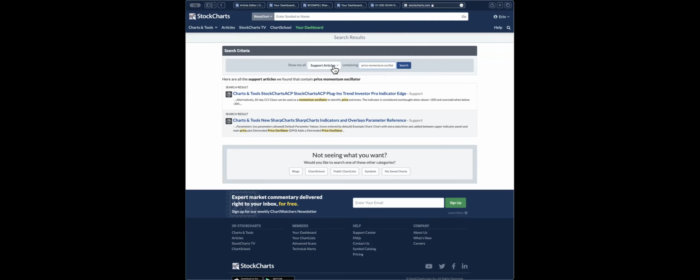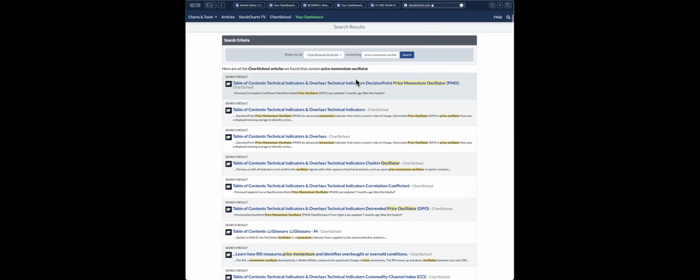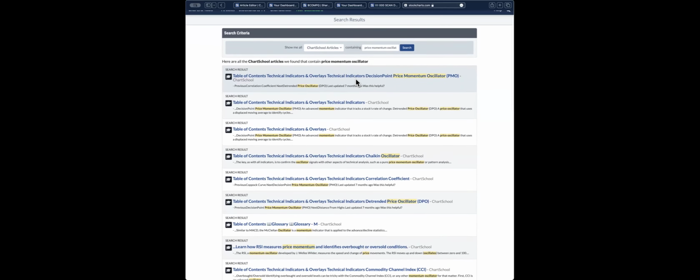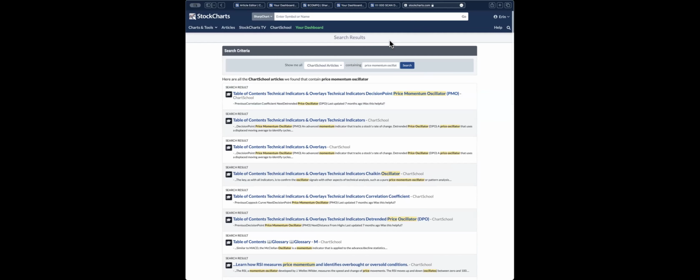And then what you want to do is you don't want support articles. You actually want chart school articles. And this is where you should be able to find it. Man, this is a confusing look. Usually it comes right to the top. Let me see if I can find it an easier way here.